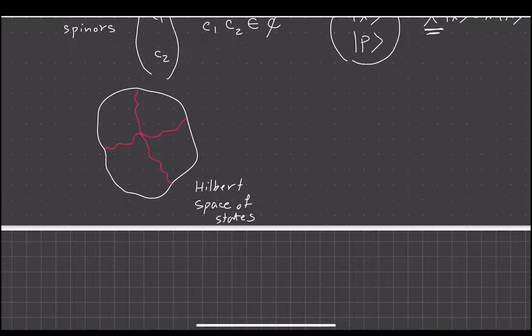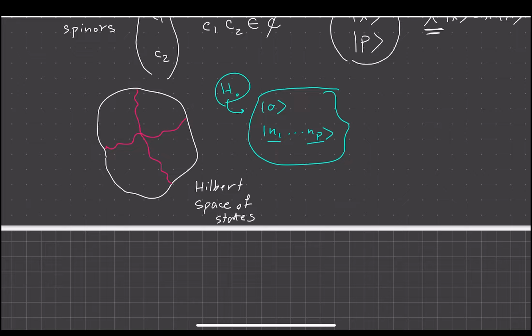So imagine that the free Hamiltonian gives you a vacuum, and then you can define any number representation, n1 up to np momentum states, each of them occupied by n1, n2 up to np, and the whole set of these states is enough to express all of the physical states that belong to the Hilbert space of the free field. So we're talking about the basis of the Hilbert space.